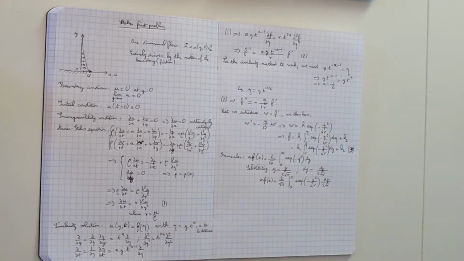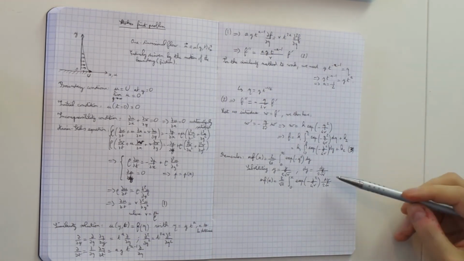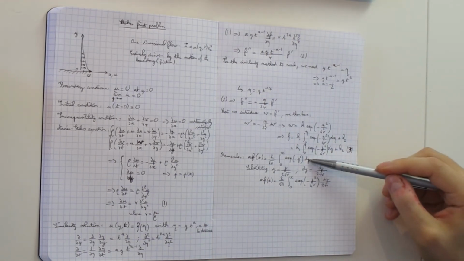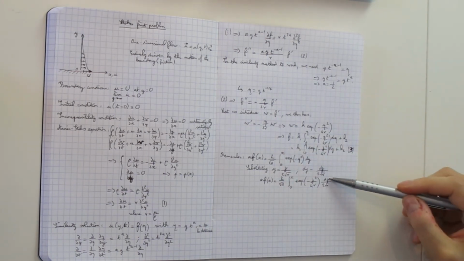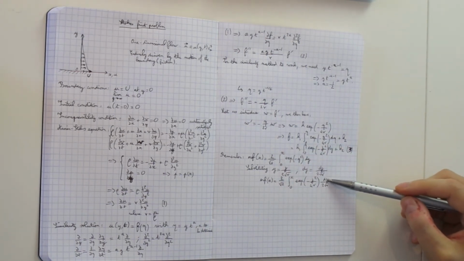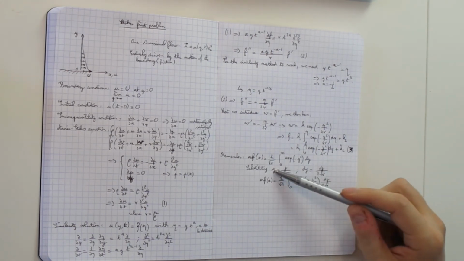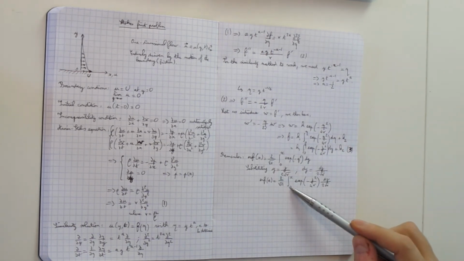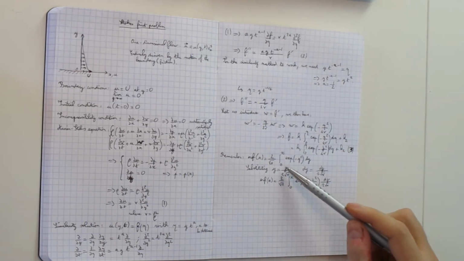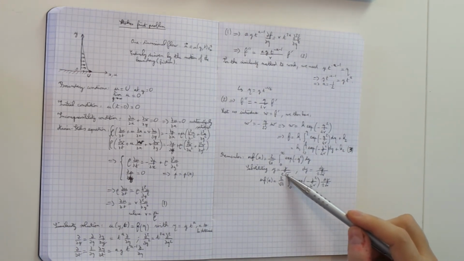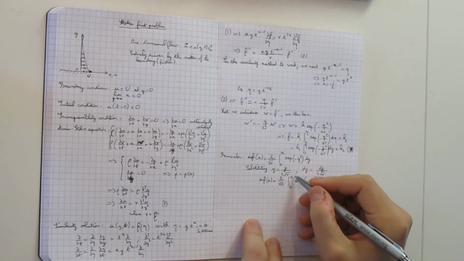And actually, by writing this, I've made a mistake, because I'm no longer integrating with respect to y. y was going from 0 to x. Now I'm integrating with respect to gamma. So if y goes from 0 to x, gamma goes from 0. Okay, that boundary of integration is correct. But it doesn't go to x, it goes to 2 square root of nu x. So I forgot a 2 square root of nu here.